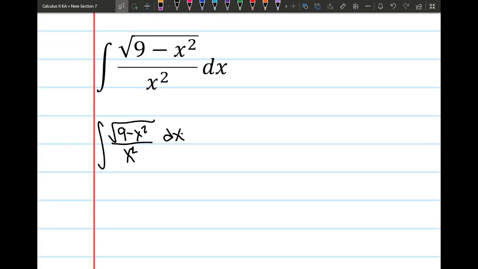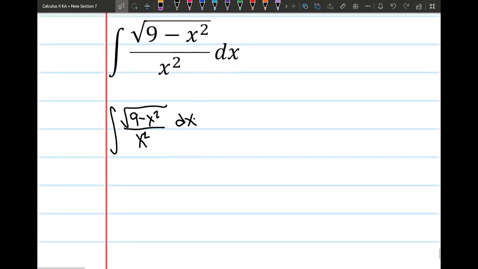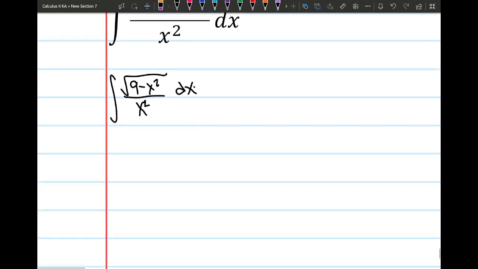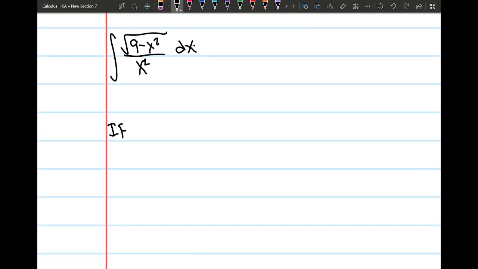So the rule goes like this. There's a certain rule that if, in the square root, basically, and I'm going to write this rule down, given the square root of, let's say, a squared minus u squared, then u is equal to a sine of theta.